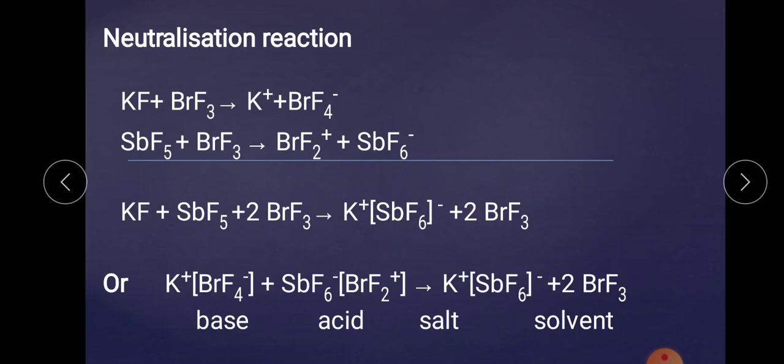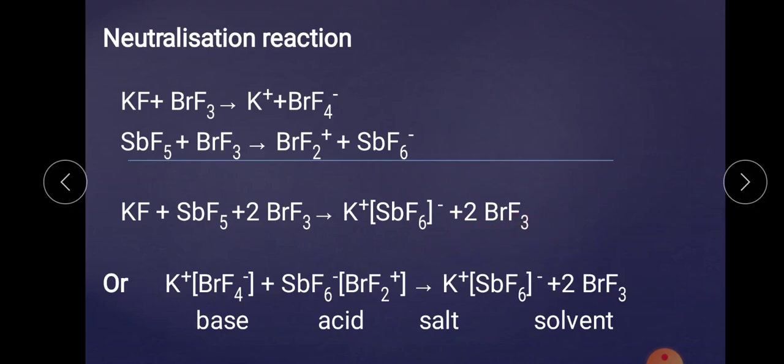As previously stated, KF acts as a base in the presence of BrF3 because it generates this ion, and SbF5 acts as an acid in the presence of BrF3 because of BrF2 positive. When these reactions are combined, we get a neutralization reaction: base plus acid in the presence of a solvent gives a salt and the solvent.